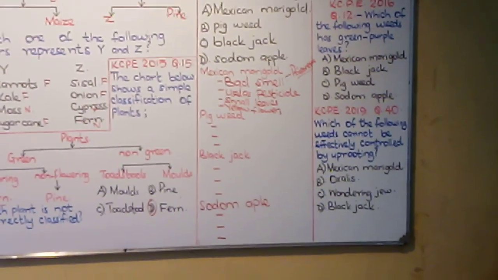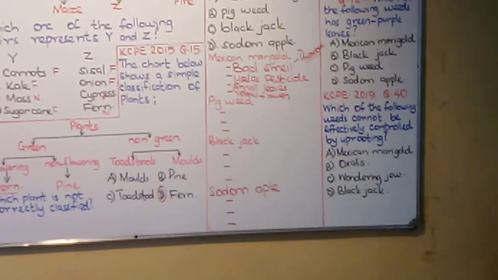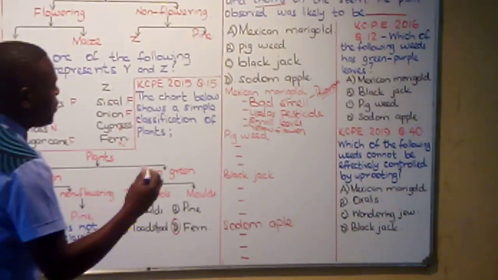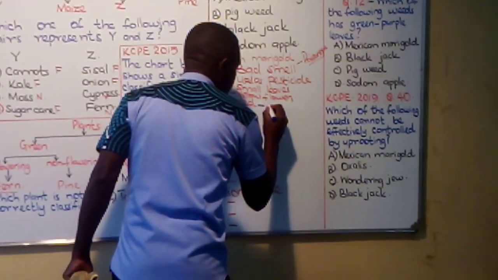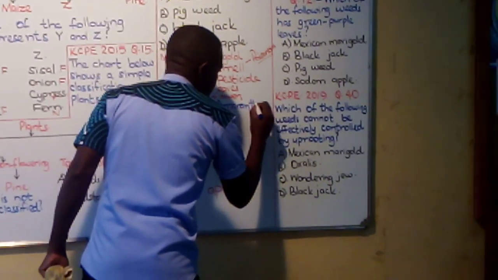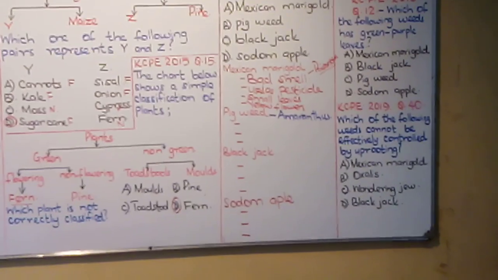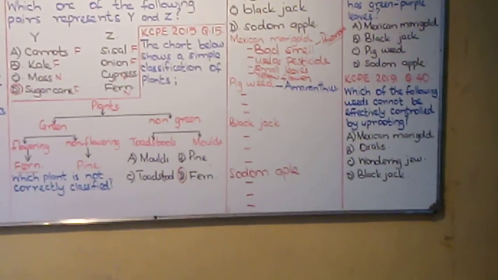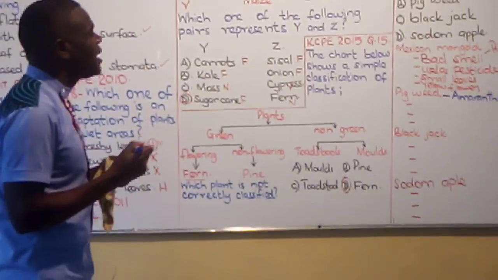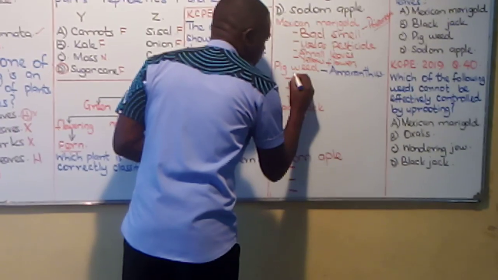That's Mexican marigold. Number 2, let's look at another one called the pigweed. It is also called amaranthus. The scientific name is amaranthus. The African name is terere. One very important thing is that it's edible.